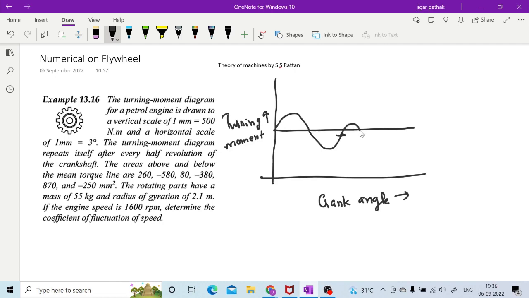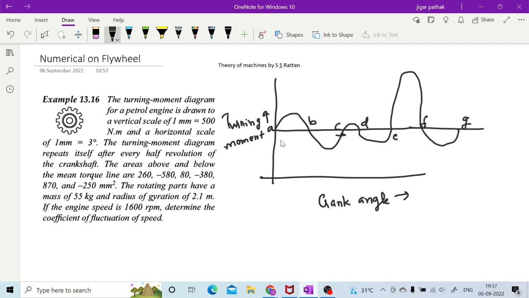Let us see. I'm drawing this. Now let us say this as point A, then B, then C, D, E, F and G.